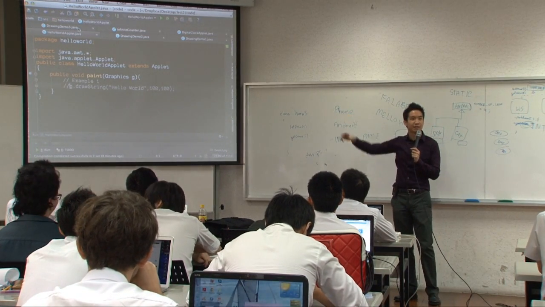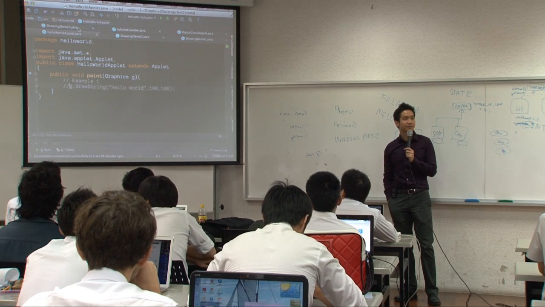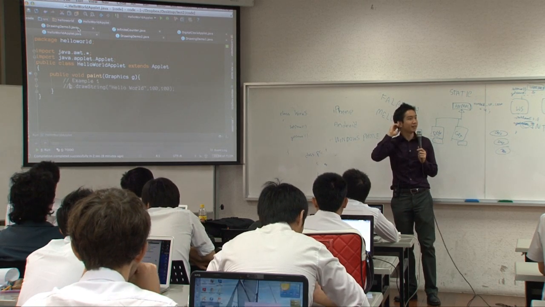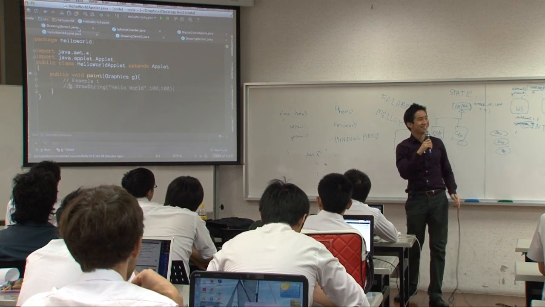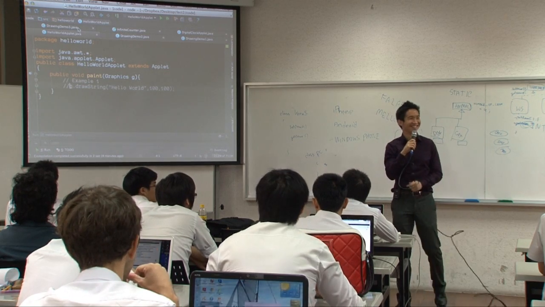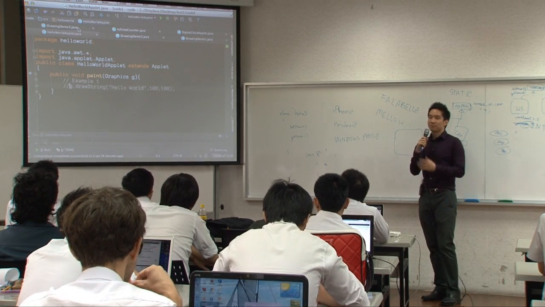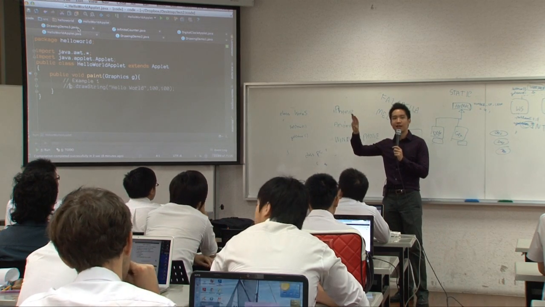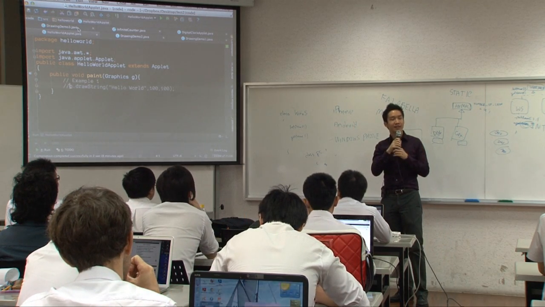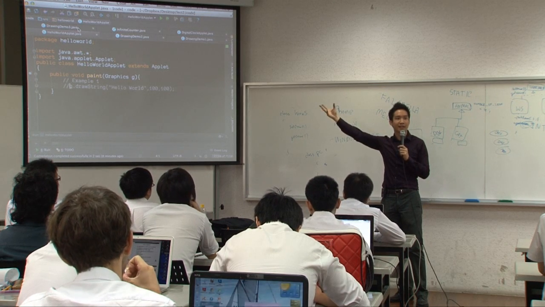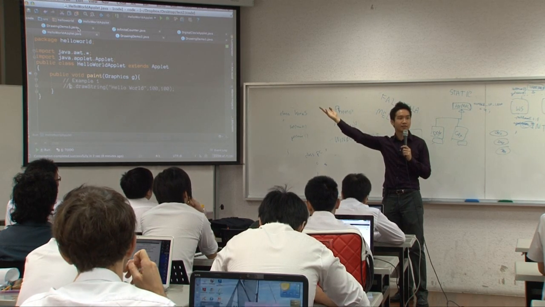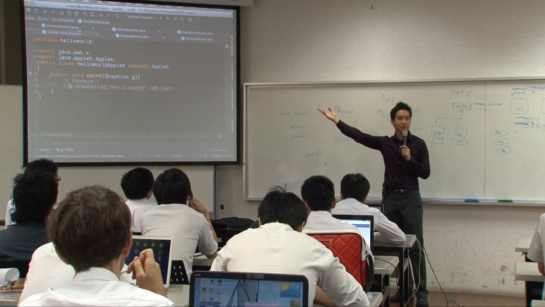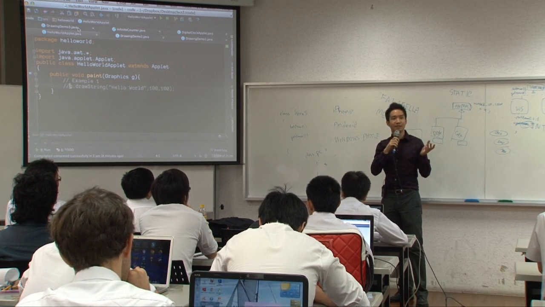But what's unique about this text editor? It's black, right? Whatever text editor you use, I strongly recommend that you set the background and the text to be dark like this, because it's easier for your eyes.